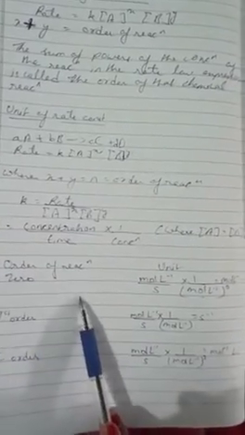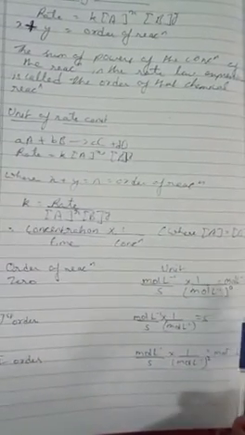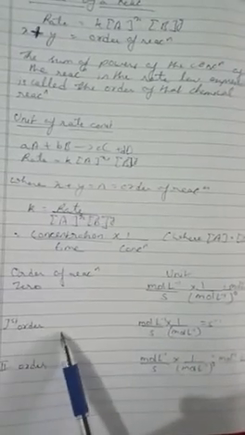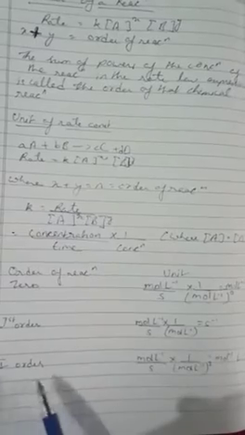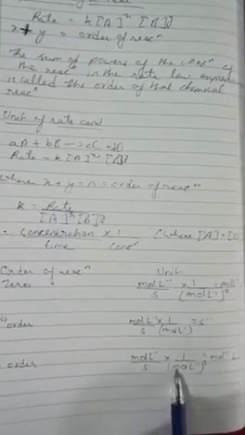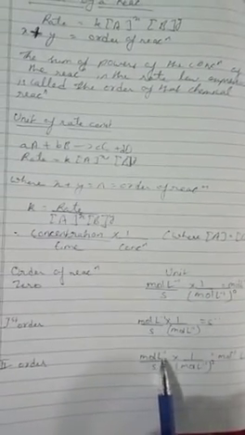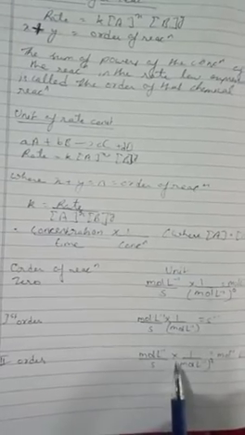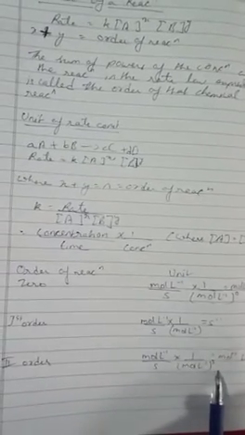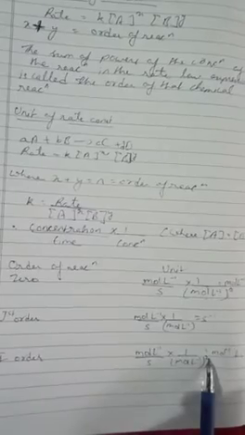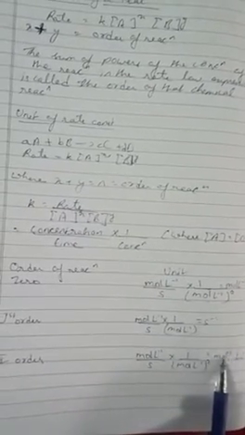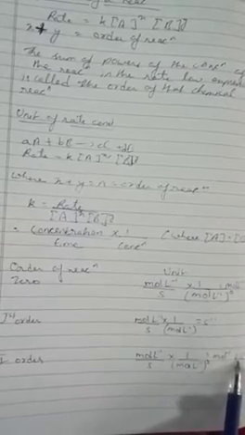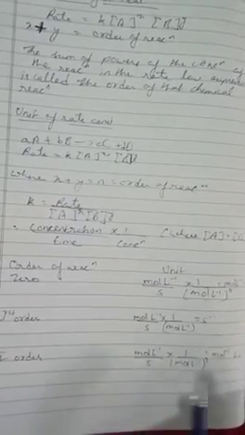For zero order the unit is mole liter inverse second inverse, for first order it is second inverse, and for second order it is mole per liter upon second into 1 upon mole per liter square. In this case the terms cancel out and we are left with mole inverse liter and second inverse. This is how we get our units.